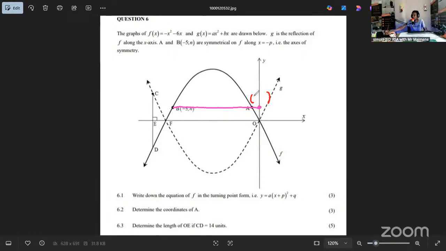So we might not know this value here, but we know their value would be n, whatever n is. Whenever you are required to get the coordinates of a point, if the point is passing through an equation that you already have, you should celebrate because you can just substitute the values to get the value.